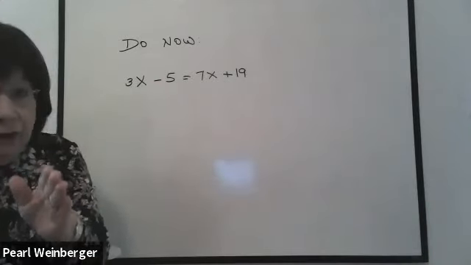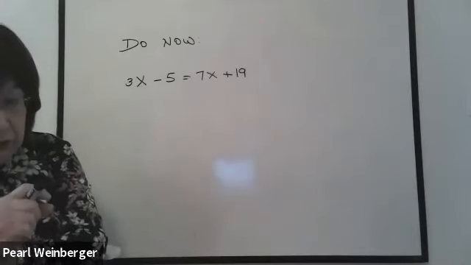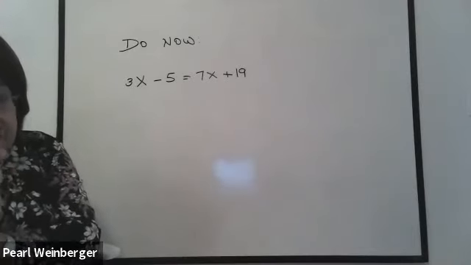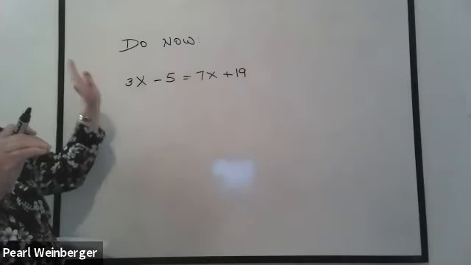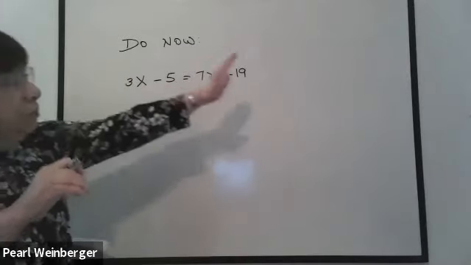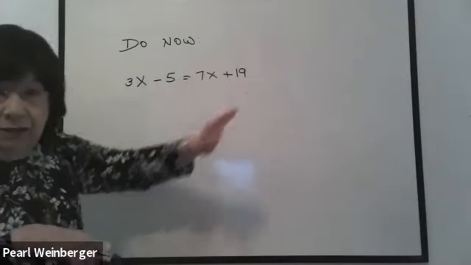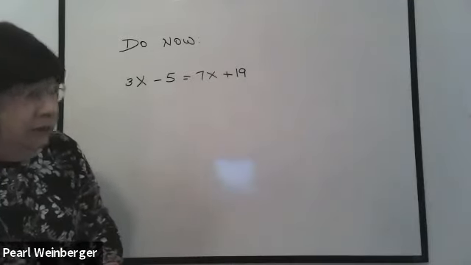Given that it doesn't matter which side you bring the x's to and which side you bring the numbers to, you will see that invariably I will bring the x's to the left side and the numbers to the right side. There are two reasons why I do it.